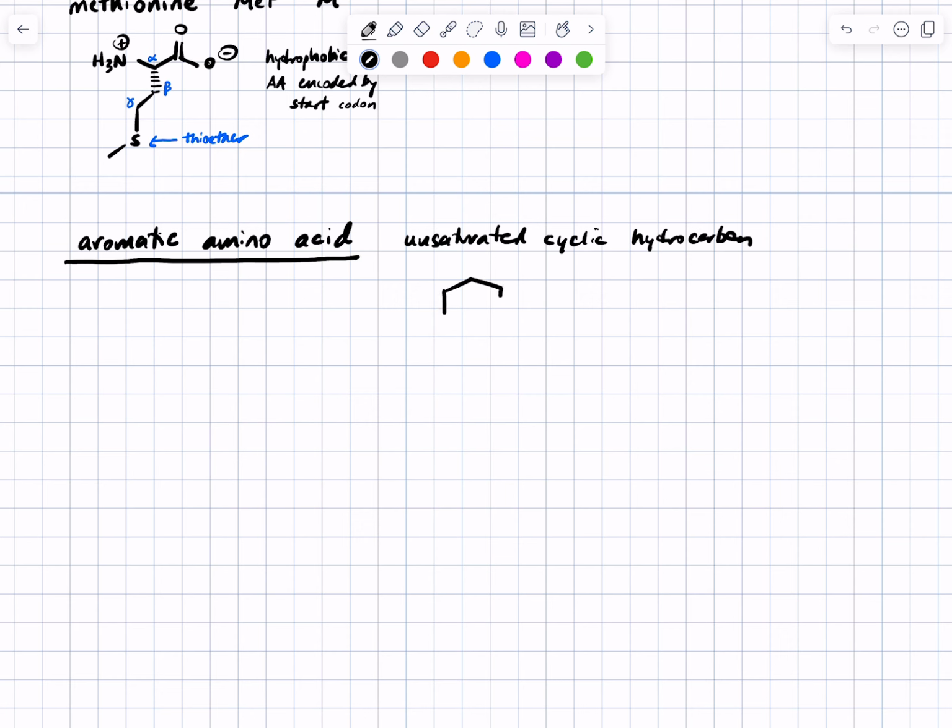An example of something that is aromatic and very stable is a benzene ring. Six carbons in a six-membered ring with alternating double bonds between the carbons. Benzene is an example of something that is especially stable, even more stable than an alkene, and that special stability is called aromaticity.